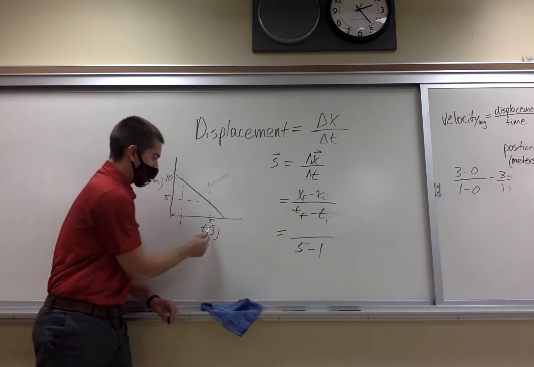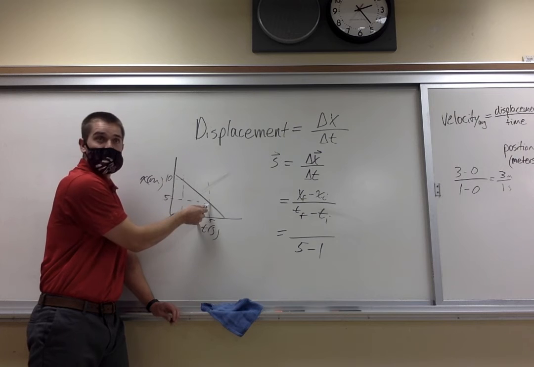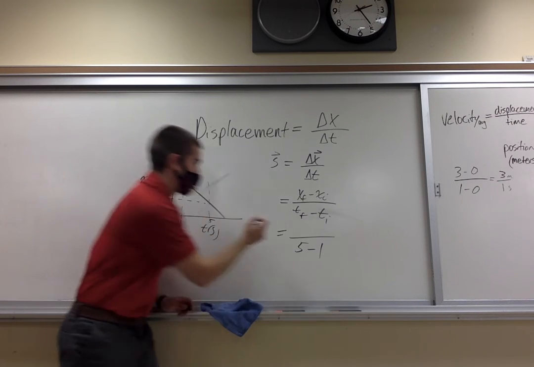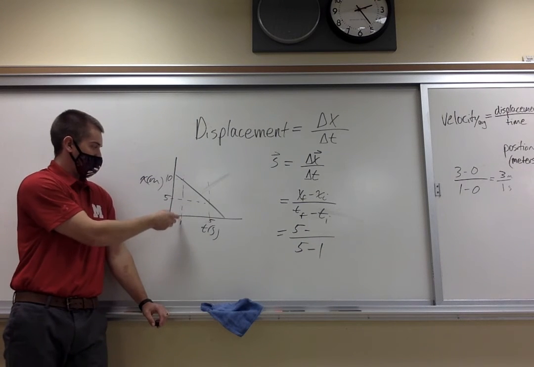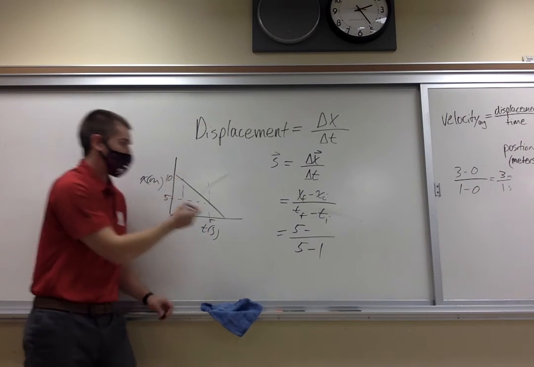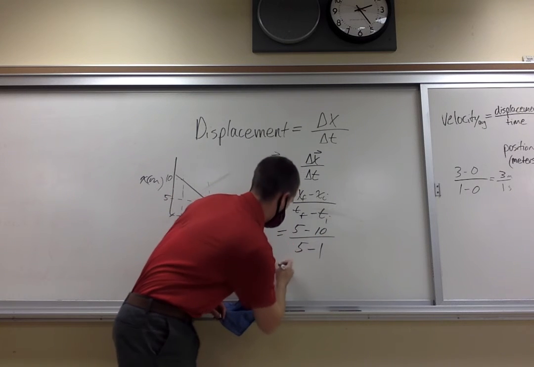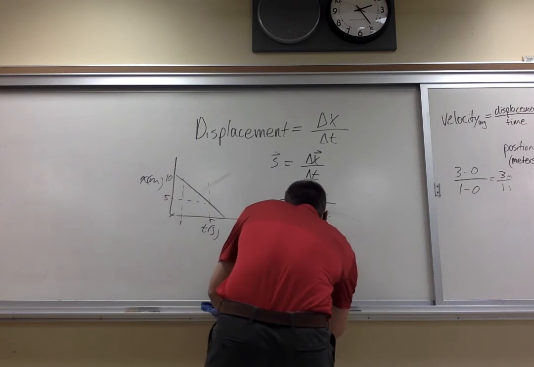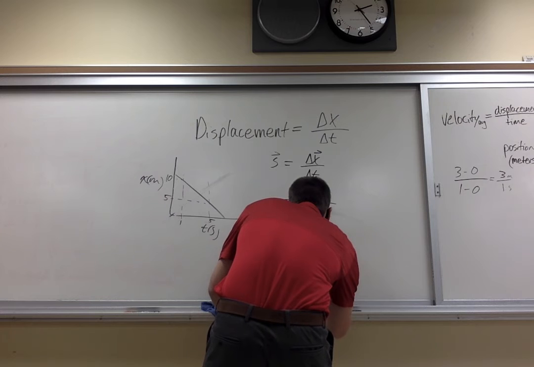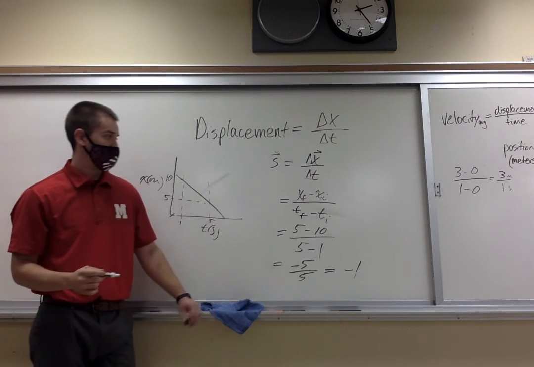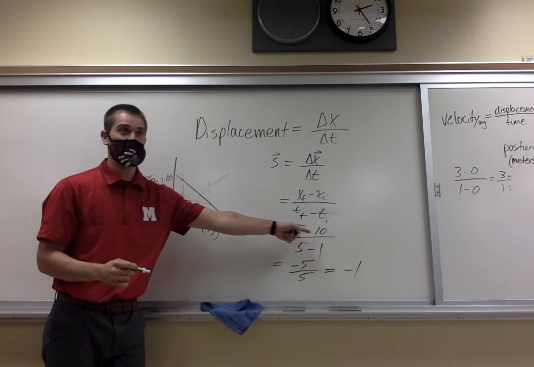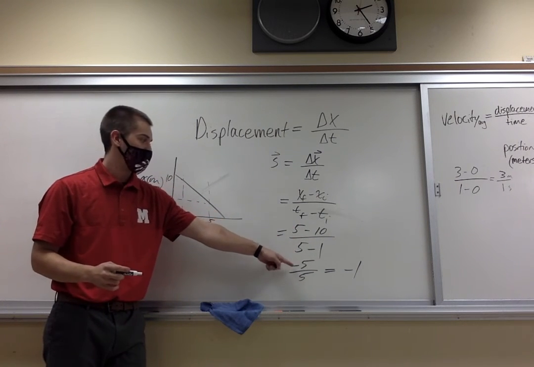My final displacement, what position am I at? 5 minus my initial position. Initially I was at 10.